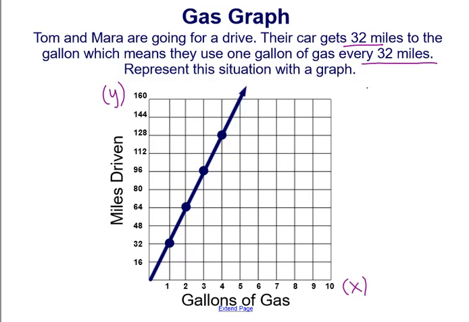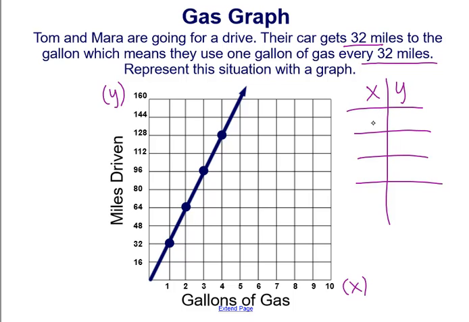So now if we're making a table of values for a couple points to get some ordered pairs, we have to think: for 1 gallon of gas, the car can go 32 miles. So then for 2 gallons of gas, it can go another 32 miles, so that's 64 miles. For 3 gallons, that would be 96 miles.